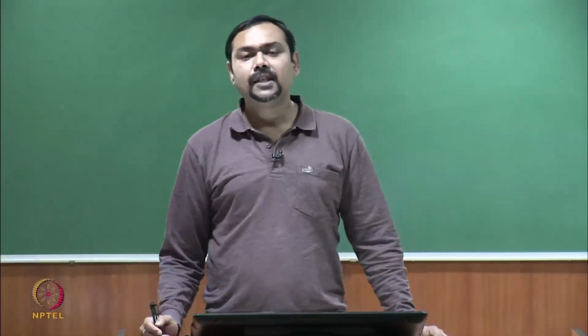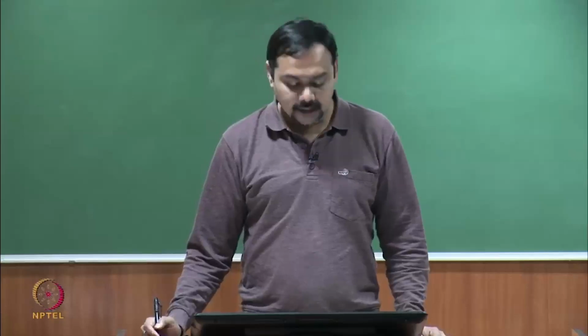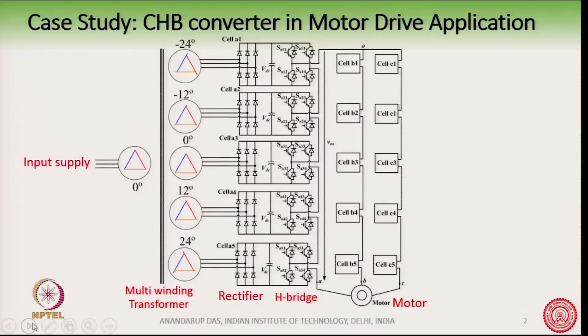So, we have seen this earlier. For example, this is the structure of a cascaded H bridge converter, in which you can see that there are say 5 or 6 cells. This diagram is shown with 5 cells here.